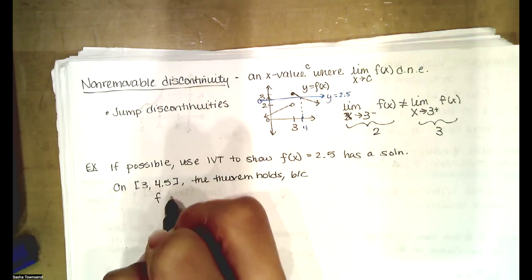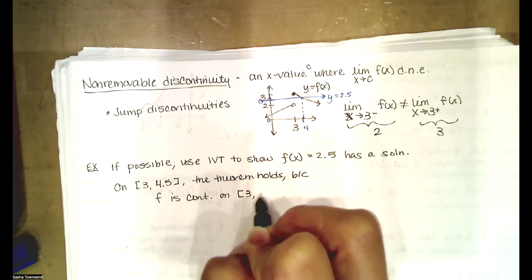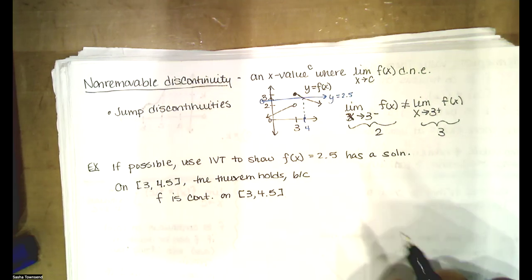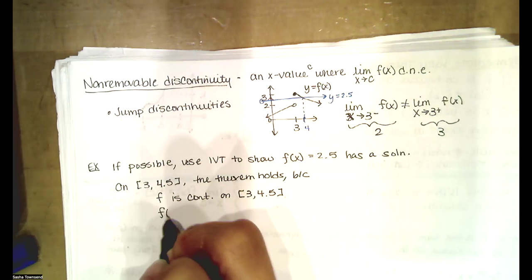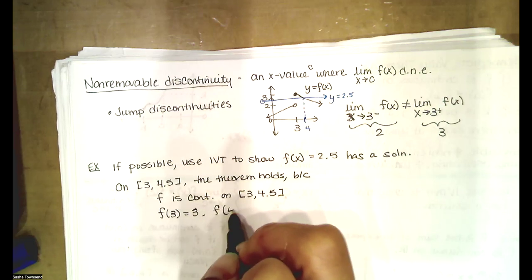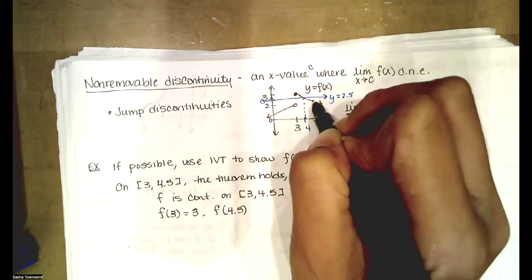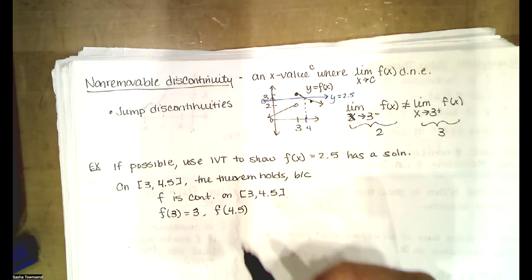Because f is continuous on the interval. f of 3 is 3. f of 4.5 is some other number. I'm not really sure what it is, but it might be about 2.